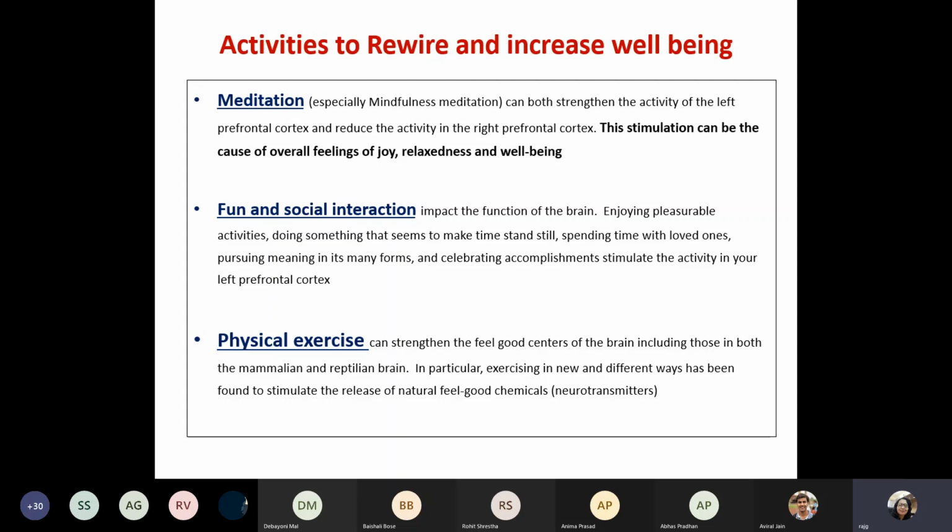Physical exercise is another very important factor for improving well-being and positive emotions.